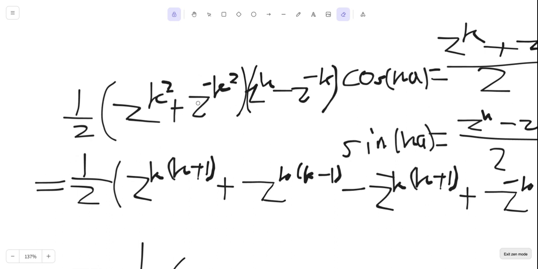And k squared minus k, this is also a minus sign. Okay.